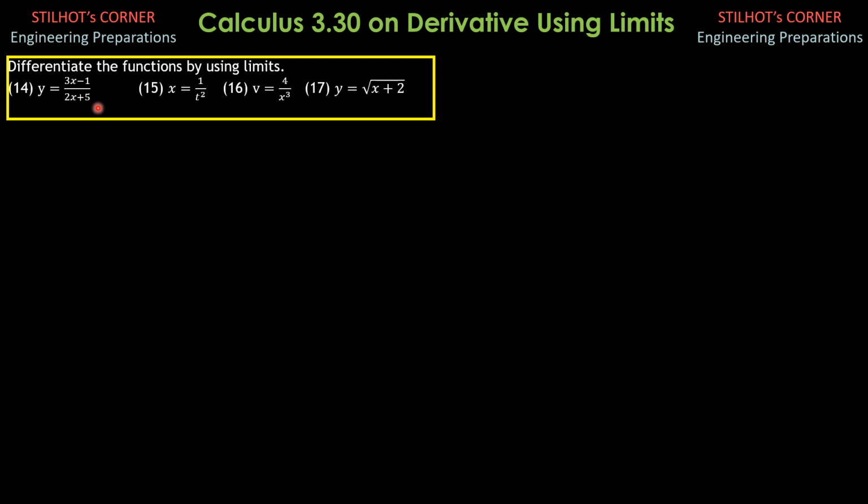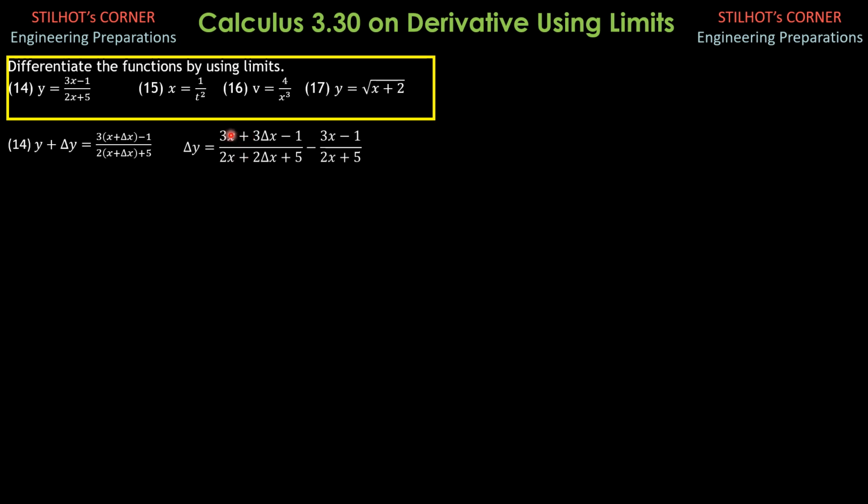So for problem 14, we have y plus delta y equals 3 times quantity x plus delta x minus 1 over 2 times quantity x plus delta x plus 5. So delta y equals, we copy the first term here, then minus y, which is 3x minus 1 over 2x plus 5. This is the LCD.